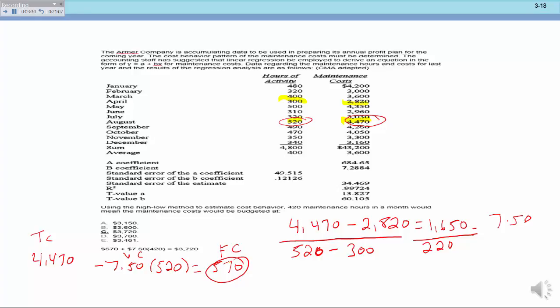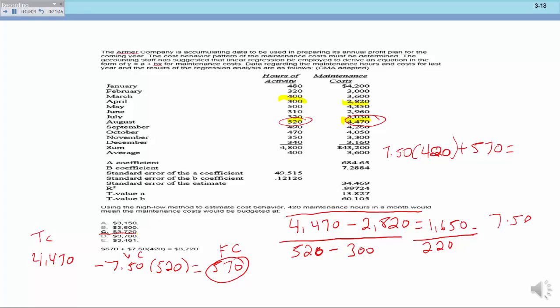They'd say, okay, at whatever level of activity, and they chose 420 in here, we would set that up as 7.5 times, in this example, what? 420, not $4.20, 420 units, plus the fixed cost of 570, right? And what we come up with is 3720, their total estimated overhead cost for the next month or whatever at 420 units, right?